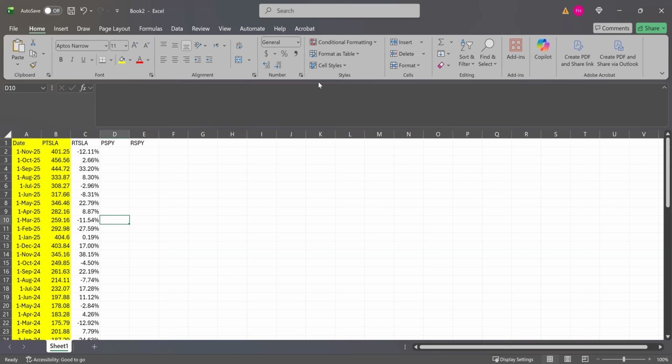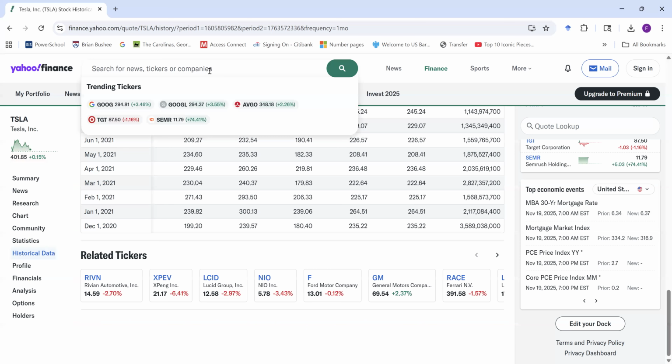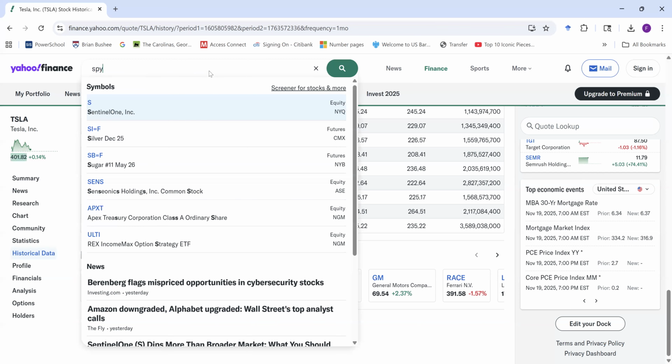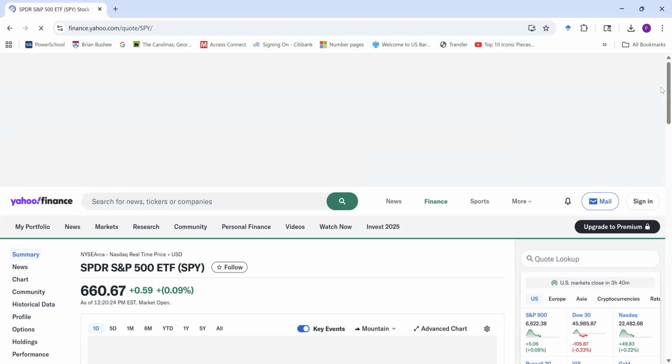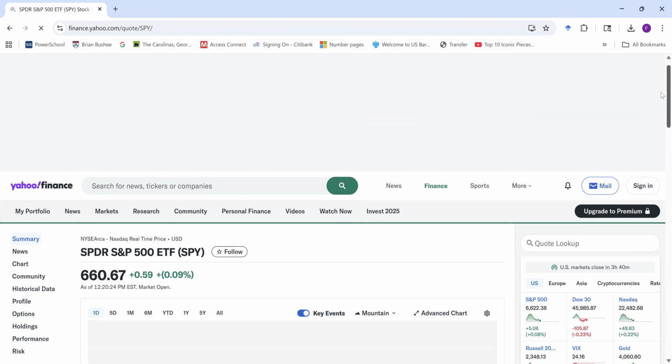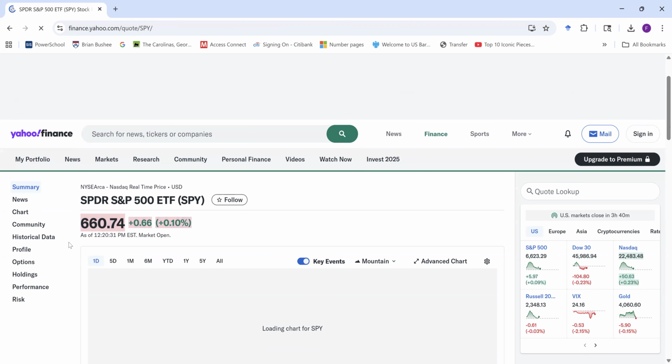So I'm gonna go back to Yahoo Finance. And I'm gonna use this time SPY. So SPY is gonna be my proxy for the market. I click once again on historical data.